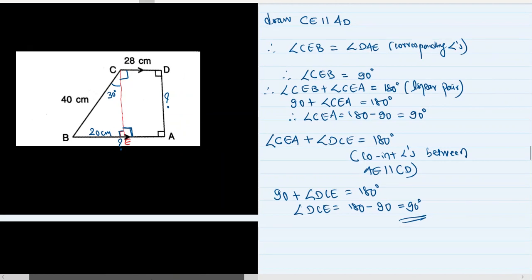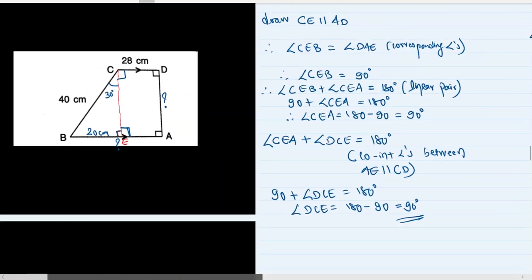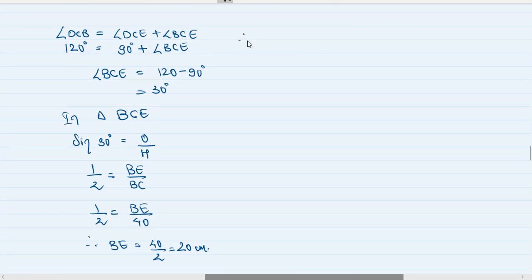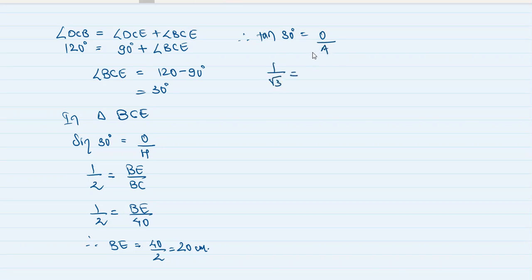For finding CE, we can use tan. Therefore, tan of 30 degrees is equal to opposite upon adjacent. Tan is 1 by root 3. Opposite is BE and adjacent is CE.